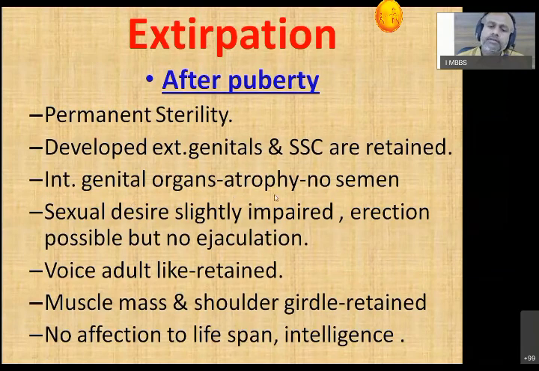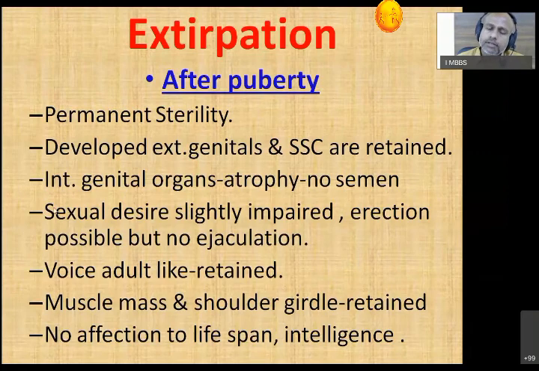Internal genital organs: atrophy of the seminal vesicle gland and prostate gland, which contribute about 90%. 60% by the seminal vesicle, 30% by the prostatic gland, and 1% by the bulbourethral gland, with 9% spermatozoa.